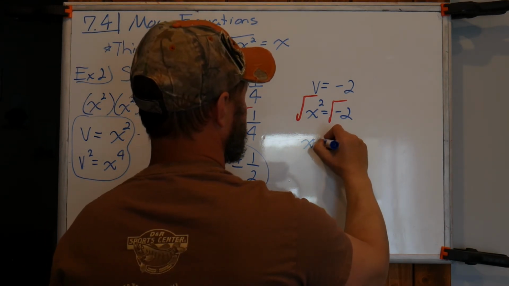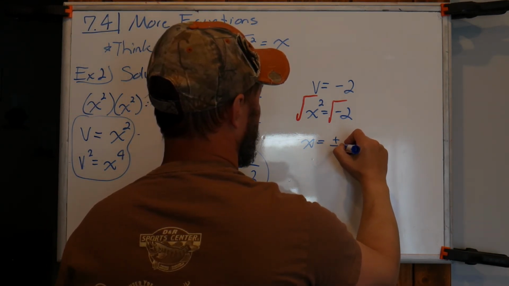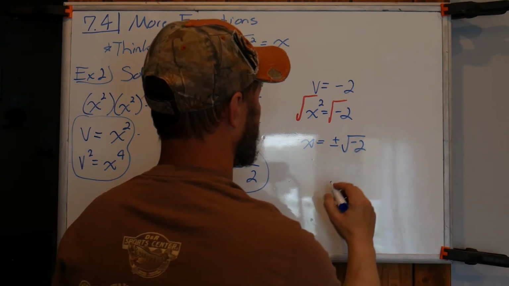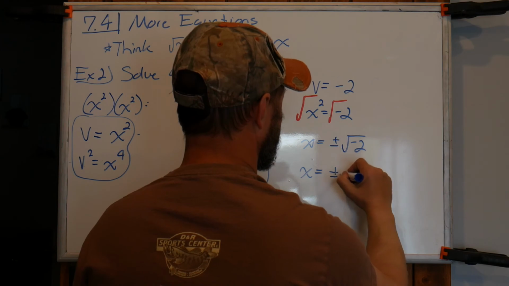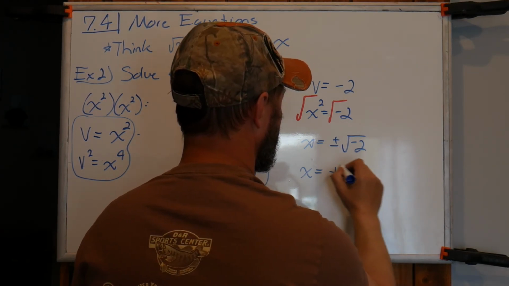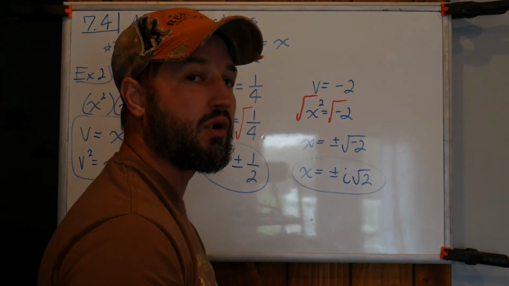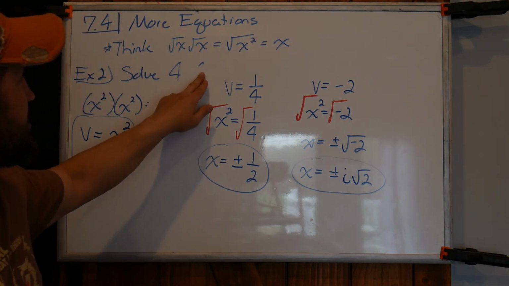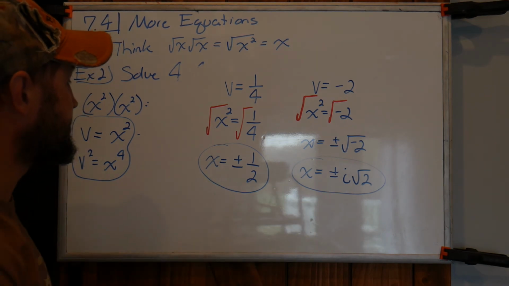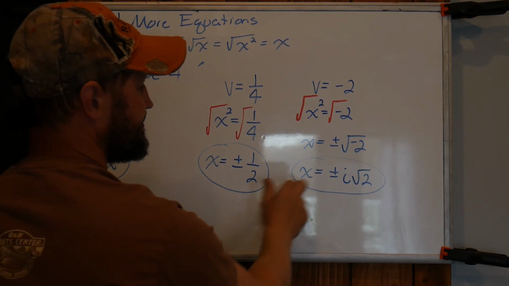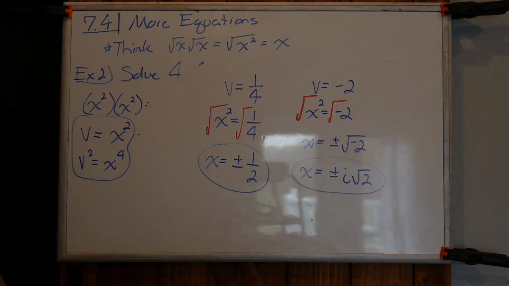So I have x equals plus or minus square root of negative 2. That means x equals plus or minus i square root of 2. I had a degree of 4 for my exponent. I have 4 possible solutions. X equals plus or minus 1/2. X equals plus or minus i square root of 2.